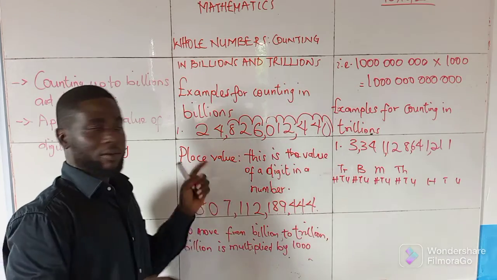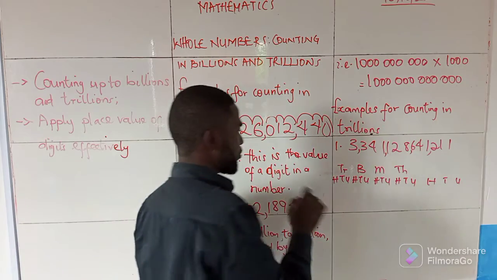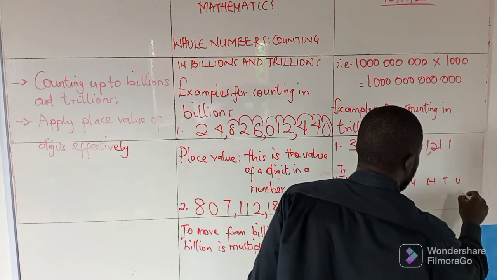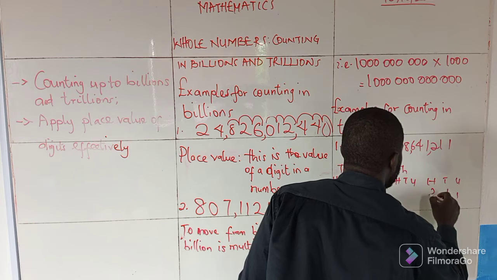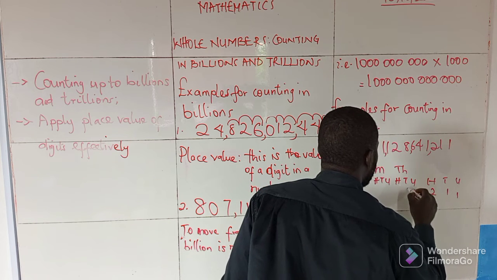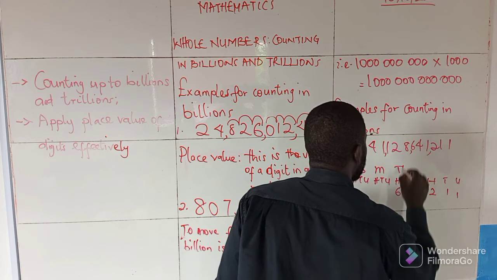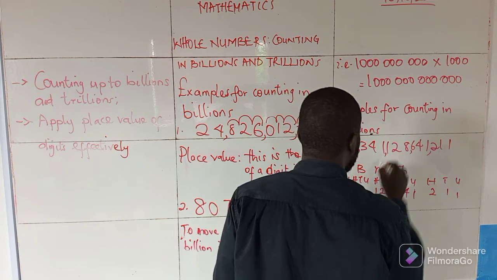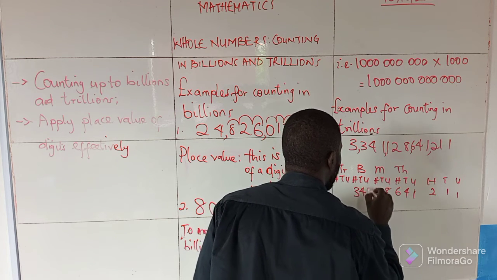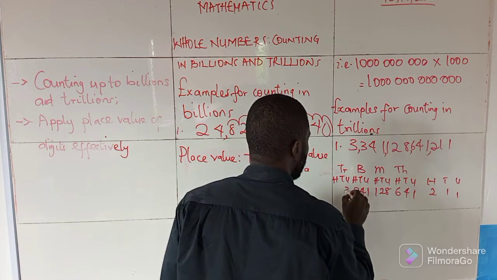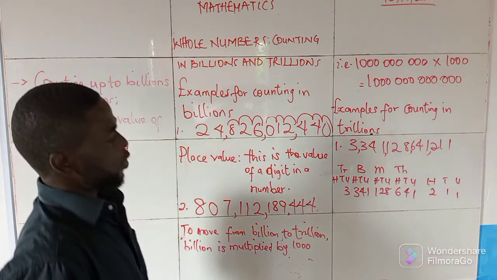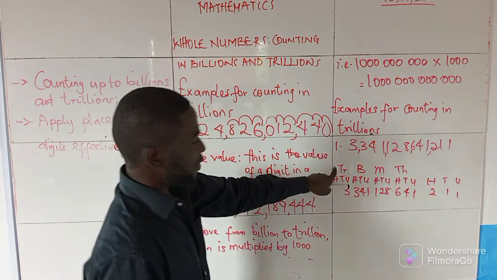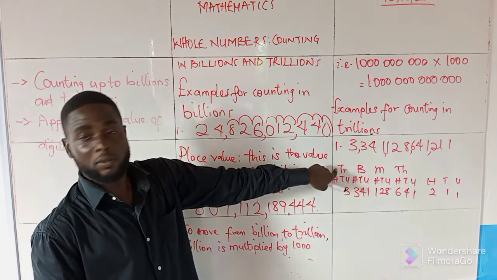Okay, so let's arrange and name. For the last group, you have 1, 1, 2. The next group 1, 4, 6. The next group 1, 2, 8. The next group 3, 4, 1, and 3. So naming, we must take cognizance of the fact that trillion has been introduced.